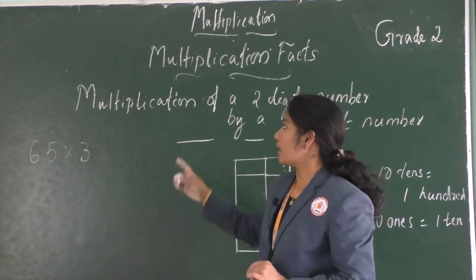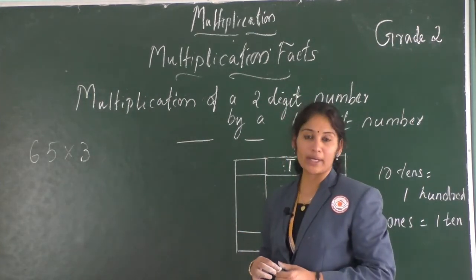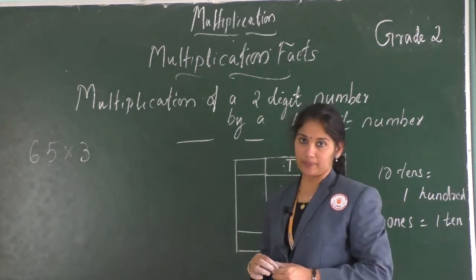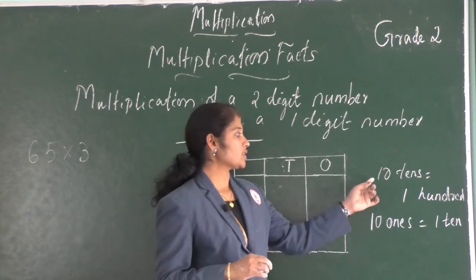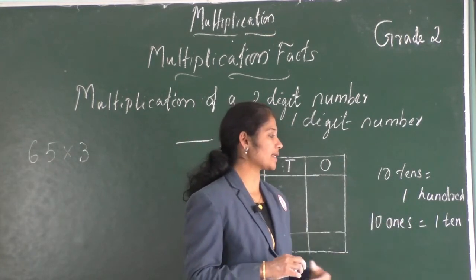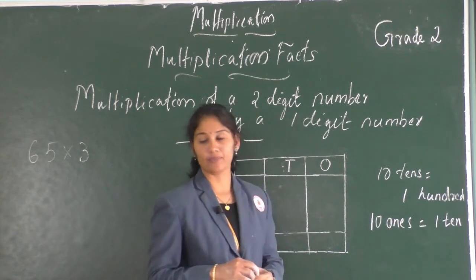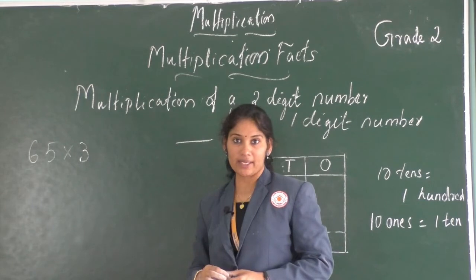Children, our next topic is multiplication of a 2-digit number by a 1-digit number with regrouping. Children, we already learned while regrouping we can write 10 ones is equal to 1 ten. We'll take another example. 65 multiplied by 3.